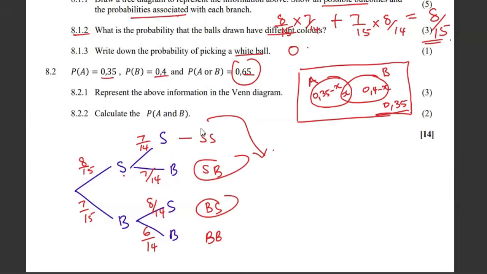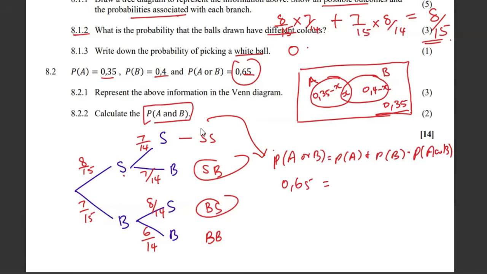Then they want us to get the intersection, the A and B. We can use the formula: probability of A or B is equivalent to probability of A plus the probability of B minus the probability of A and B. So A or B is 0.65. The A was 0.35, the B was 0.4, the intersection is what we're looking for.